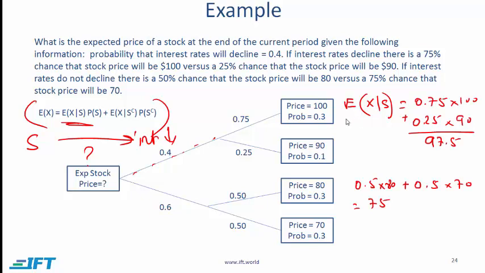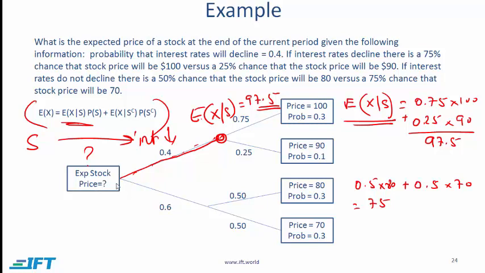That is our event S. That means that we are over here. So what is the expected value of the stock price given that interest rates go down? We do that by saying 0.75 into 100 plus 0.25 into 90. So that is equal to 97.5.